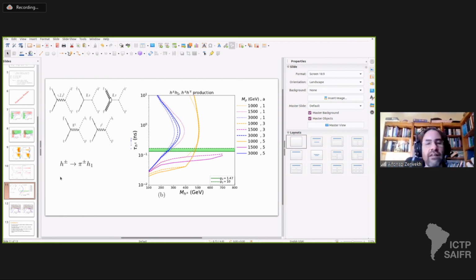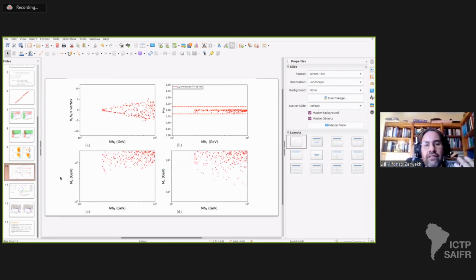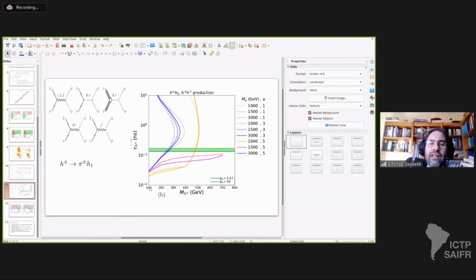But for us, the region of interest is above 1 TeV. So the message is that it is very difficult to discover this model in a collider for the region which is physically relevant, the region where we can reproduce the relic density.